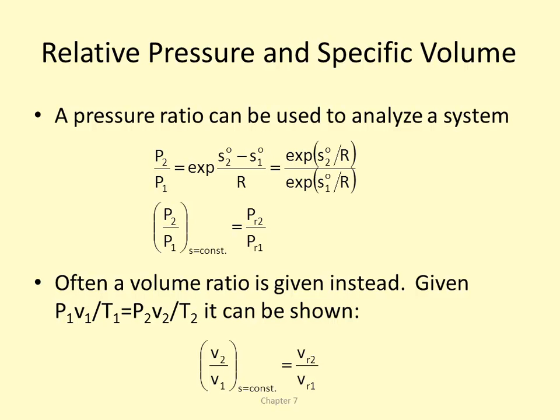So it's also another way that we can look up, if we know the initial and final pressure, we can look up these reference pressures to determine the final temperature, right? Same thing can be done with the volume ratio as well. And it's important to note that although this ratio P2 over P1 is equal to this ratio, P2 does not equal PR2 and P1 does not equal PR1. It's just the ratio of those two pressures that is equivalent.